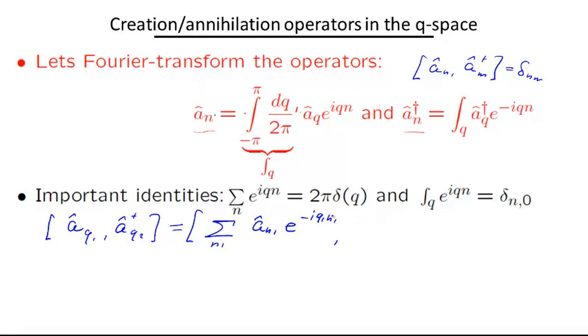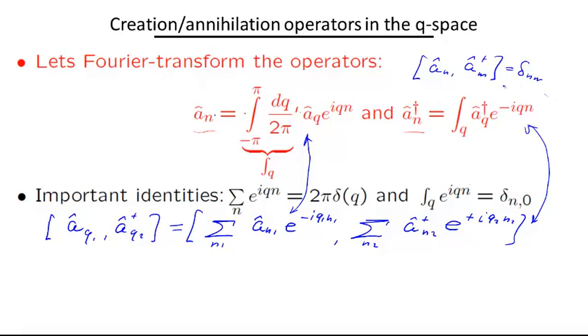So this is an inverse Fourier transform, in some sense opposite to this guy here. And the second term is going to involve a sum over n2 of A dagger n2 e to the power plus i q2 n2. And this corresponds to the Fourier transform, sort of reversing this relation.